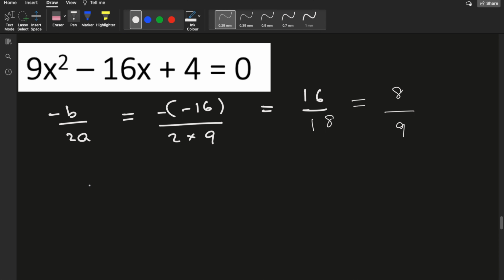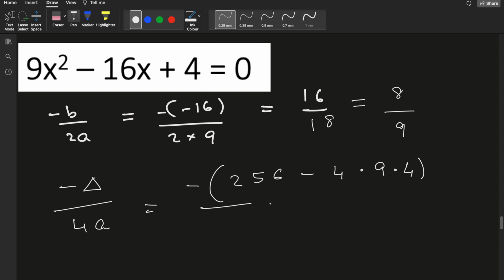Now let's find the y coordinate of the vertex. It's minus discriminant divided by 4a. So that's minus of b squared, over here 16 squared, and 16 squared is 256, minus 4 into ac, divided by 4 into 9.